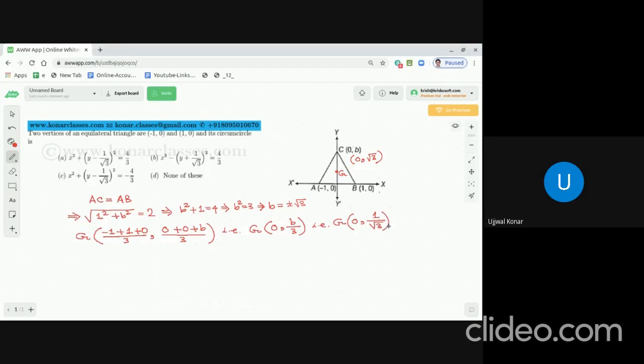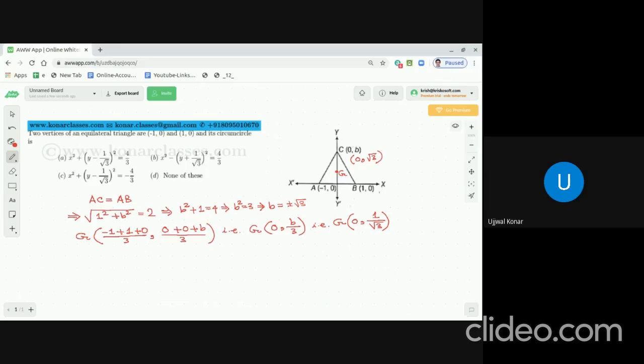Correct. Now it is pretty simple to find the equation of the circle, because we know the center of the circle and we need to find the radius. Radius finding is also very easy. It is either GA or GB or GC.